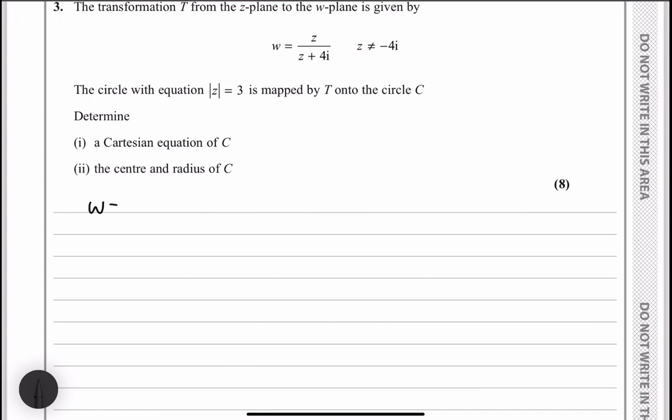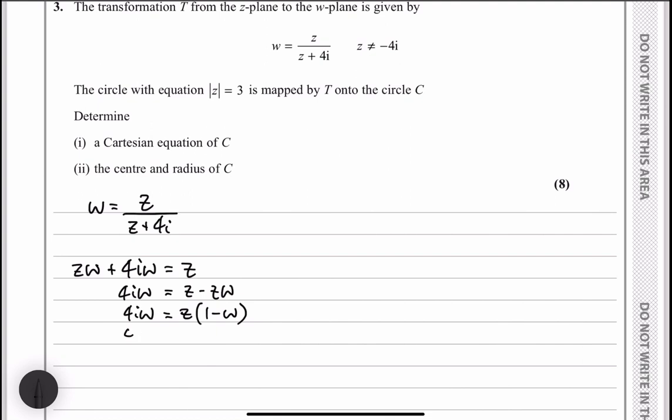We want to start by rearranging this to give z as the subject. So we'll have zw plus 4iw equals z. 4iw is equal to z minus zw, z(1 minus w), 4iw over 1 minus w equals z.